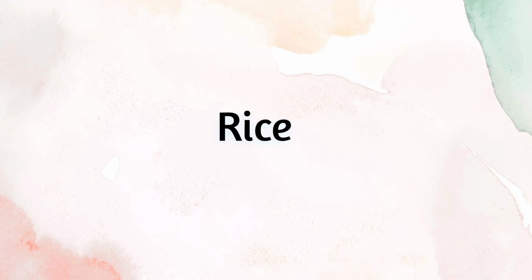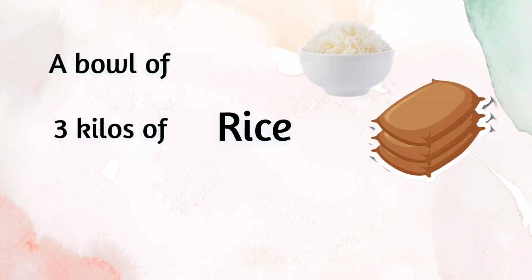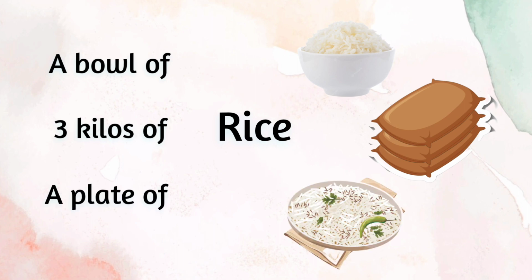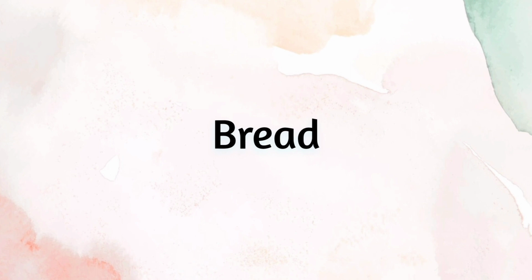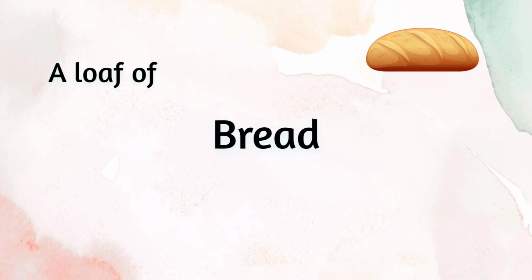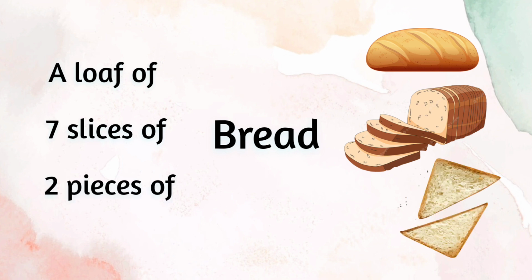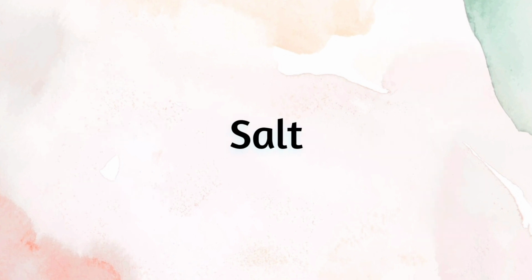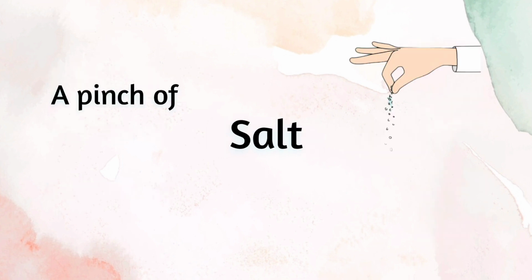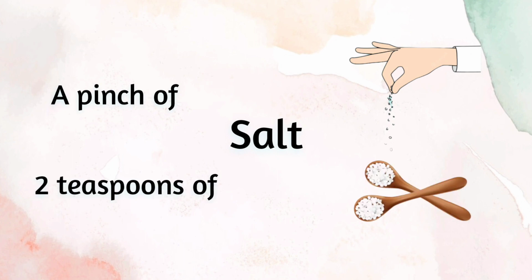For rice, we can say a bowl of rice, 3 kilos of rice, a plate of rice. Bread: a loaf of bread, 7 slices of bread, 2 pieces of bread. Salt: a pinch of salt, 2 teaspoons of salt.